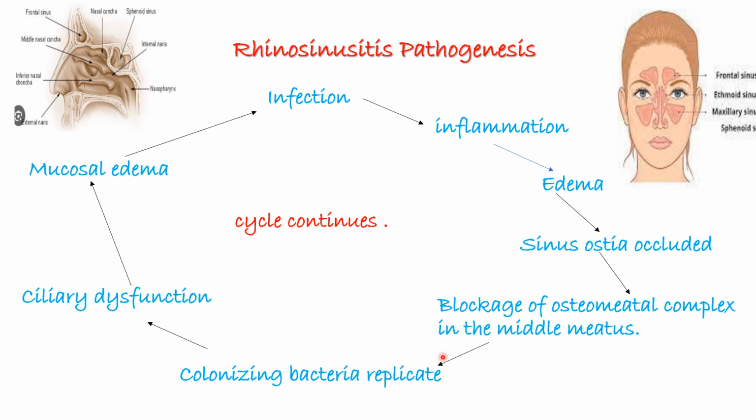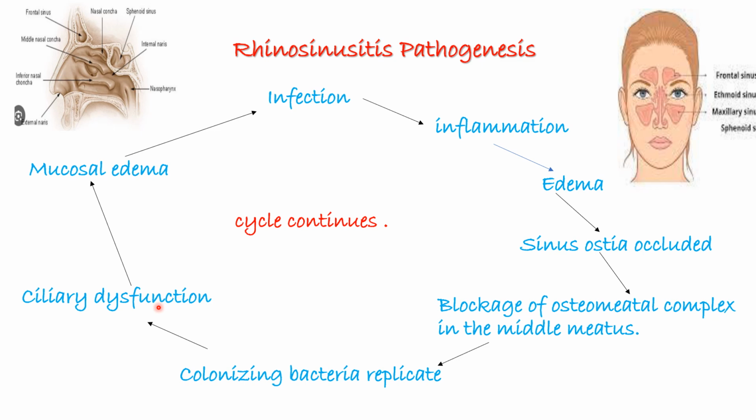After you now have the blockage of these sinuses, meaning we have inflammation, infection, and edema in these sinuses, and the ostia is closed, meaning we cannot get the contents of the sinuses out, this leads to more bacteria colonizing there and replicating. In addition to that, we're also going to have ciliary dysfunction. And what's the work of the cilia? They help us push mucus out.